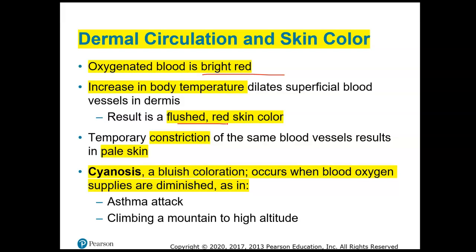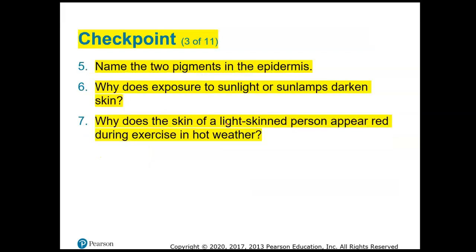The bluish coloration results from how the blood vessels appear under the skin. This can happen when a person is having an asthma attack, when they're climbing a mountain at high altitude, so there's not as much oxygen available to breathe there, or when someone is dying. You can have that.